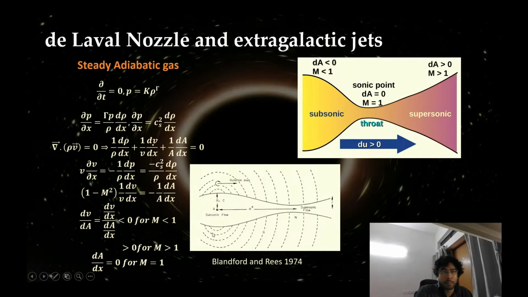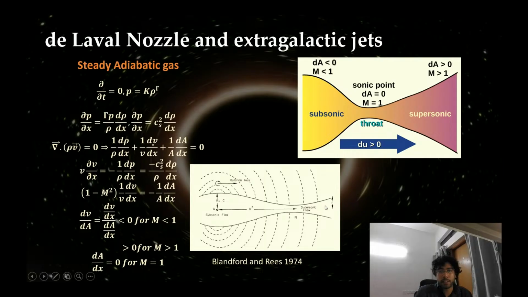So this is what we see as extragalactic jets from almost every galaxy, right? So Blandford and Rees proposed their model that whenever we have a supermassive black hole at the center, the jets pass through a structure similar to this de Laval nozzle, right? You see there are a lot of gases and fluids in the galaxies, so they create the throat of this de Laval nozzle, where this jet achieves sonic speed, right?